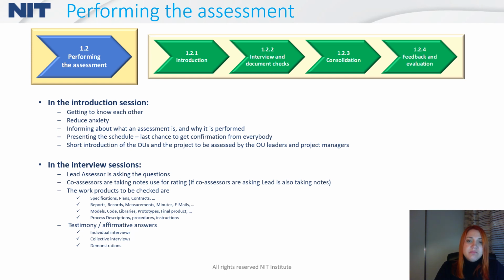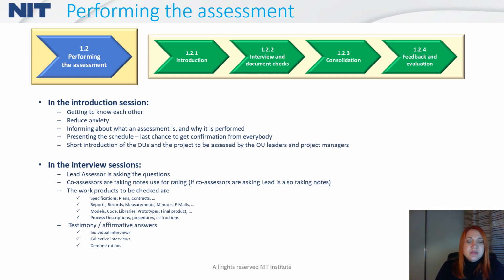Then this period of time for the introduction is important because all the stakeholders are presented, and the company which is under assessment can give a short introduction of how business units or the whole company is organized.